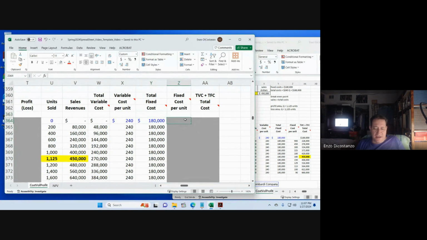Fixed cost per unit is just the ratio of the fixed cost divided by the quantity here, right? Like that.